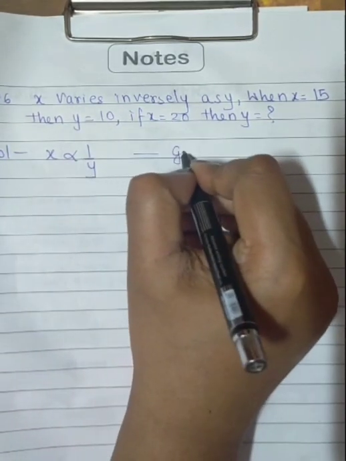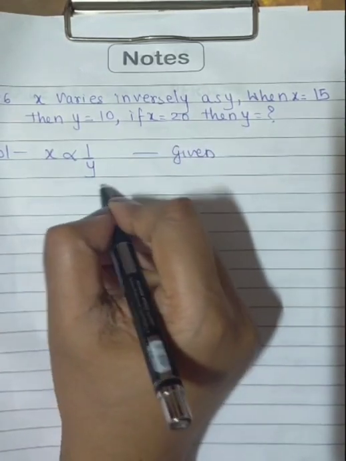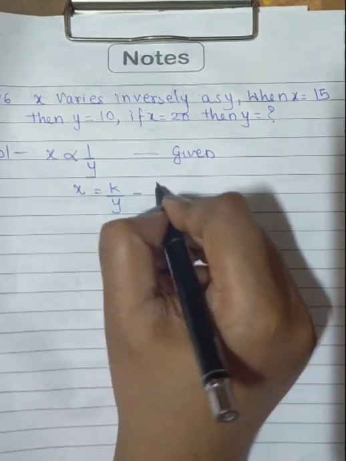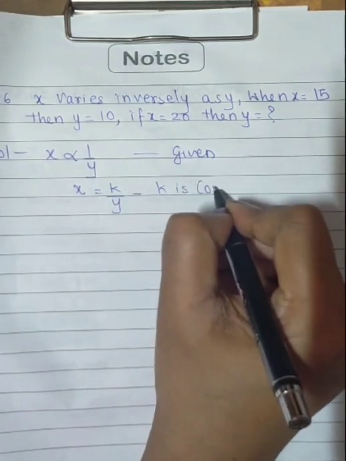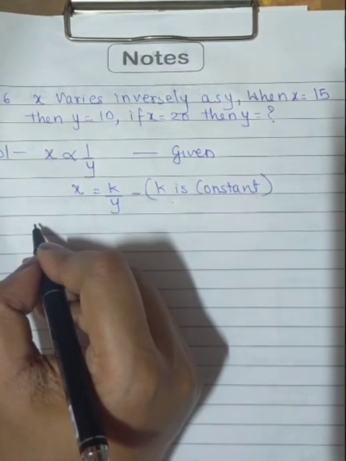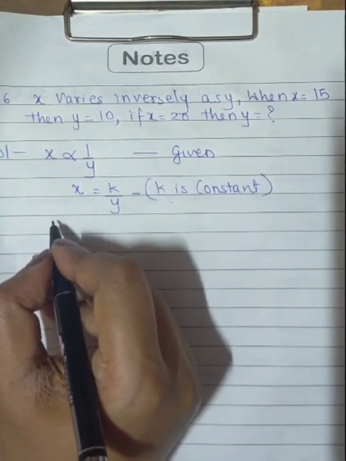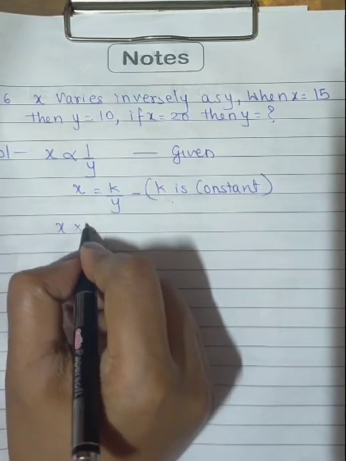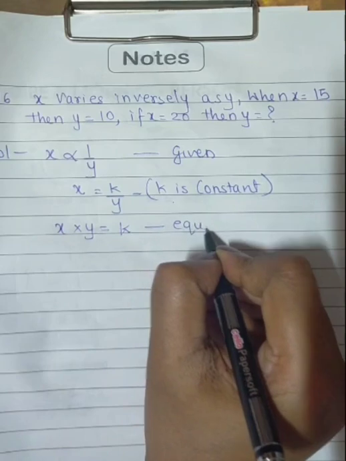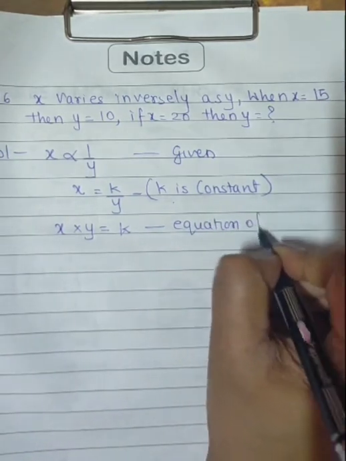It's given. Now x = k/y, where k is a constant. Now I am taking the equation xy = k as the equation of variation.